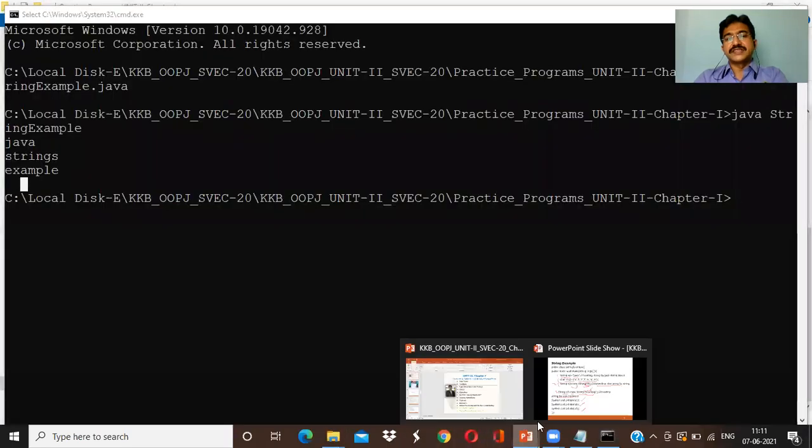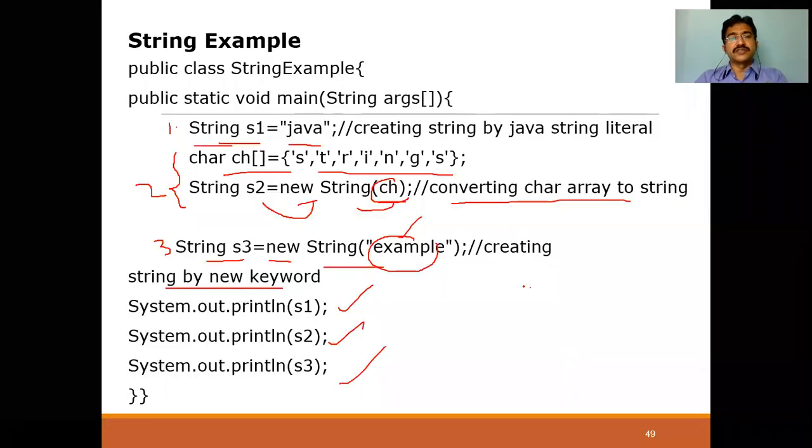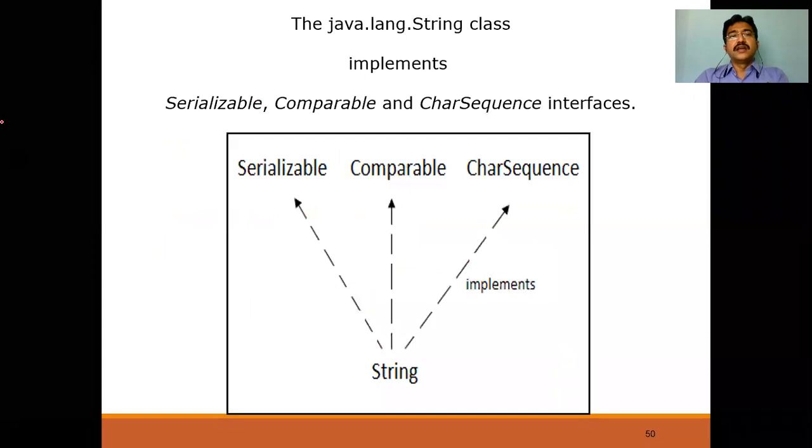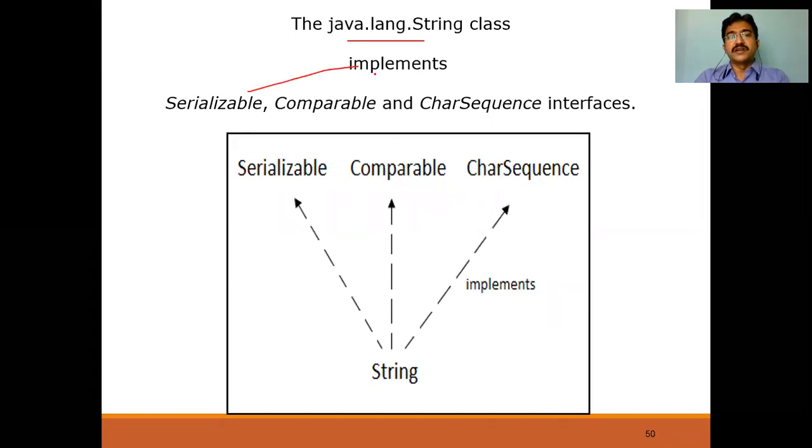Okay, next, as a continuation of the string concept, the string class. If you observe carefully, as I said, the string class is available in the java.lang package. It implements Serializable, Comparable, and CharSequence.